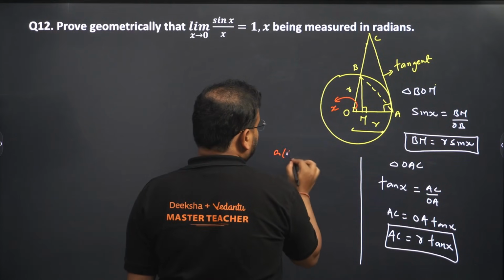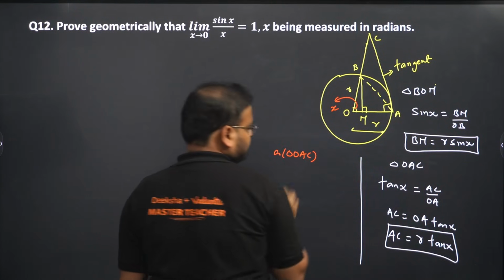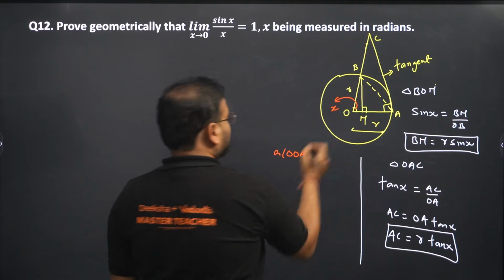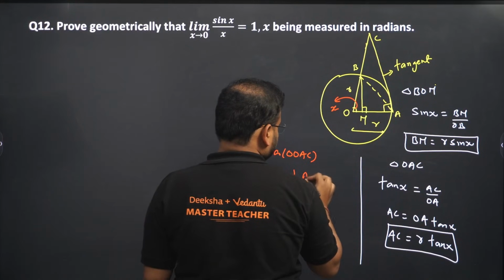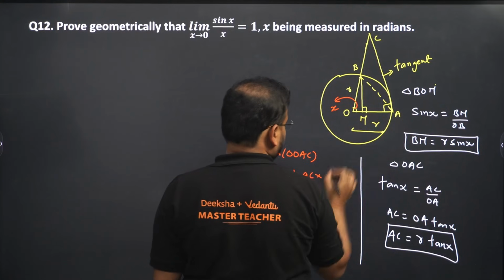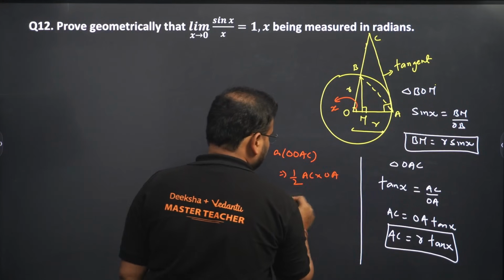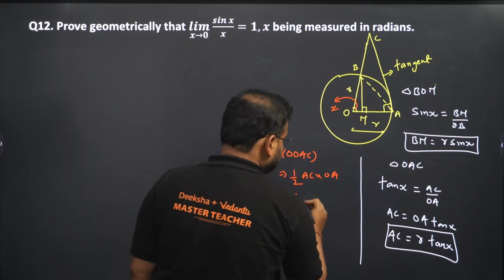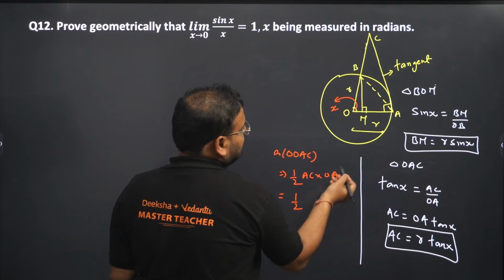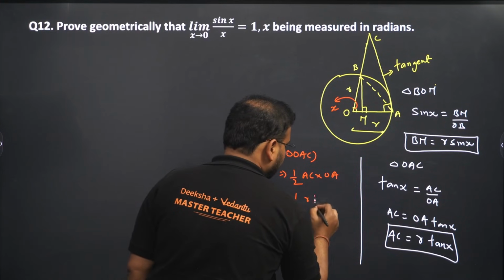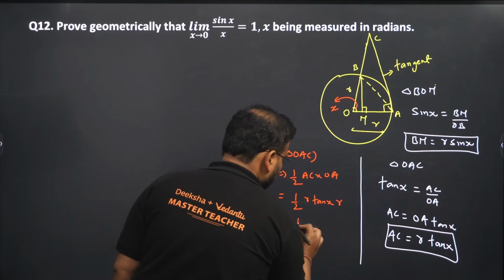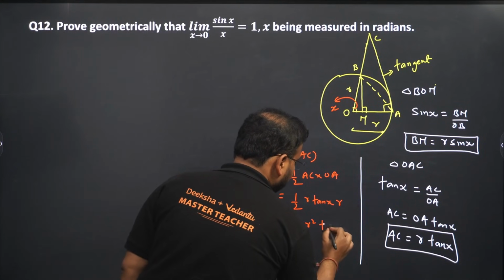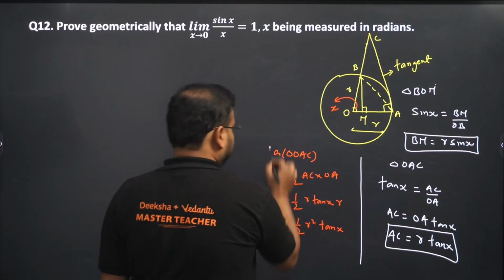Area of triangle OAC is half of the base AC into the height OA. AC is R tan x and OA is again R. So I get half of R square tan x as this area.